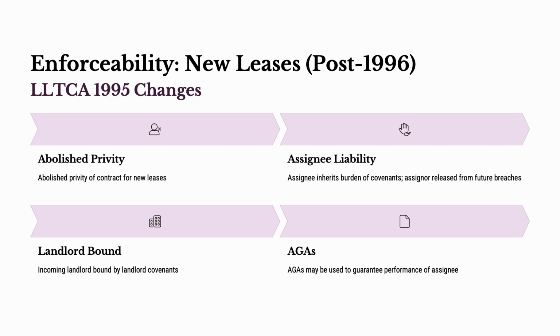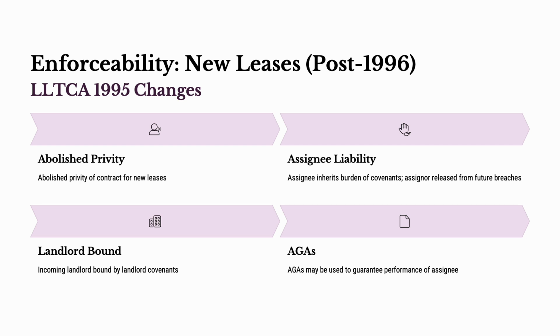The Act abolished privity of contract for new leases, no privity of contract. The original tenant is automatically released from covenant liability upon assignment, unless they enter into an authorized guarantee agreement, AGA.